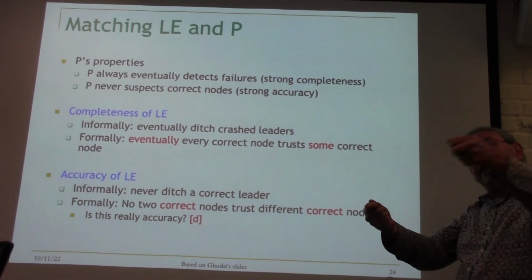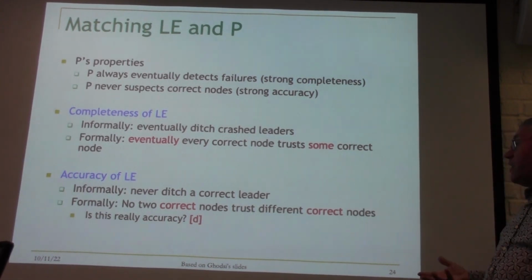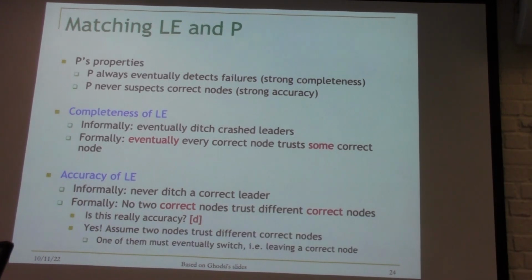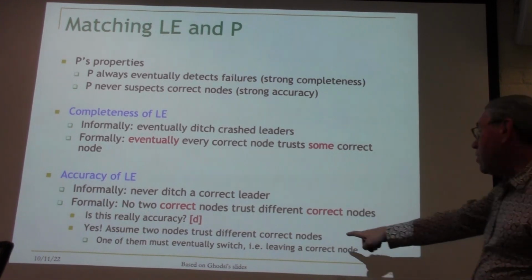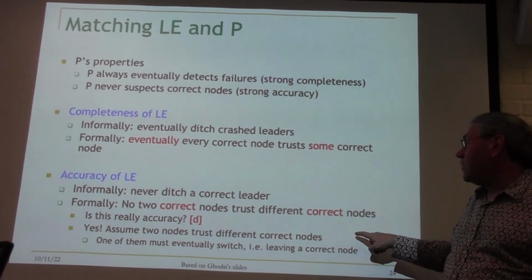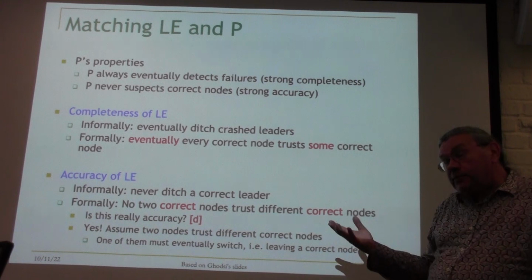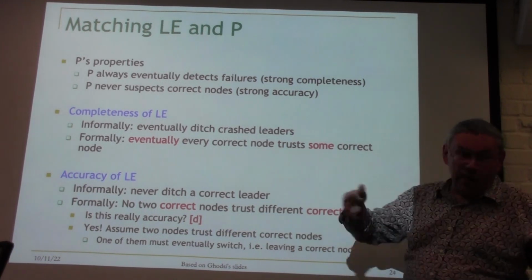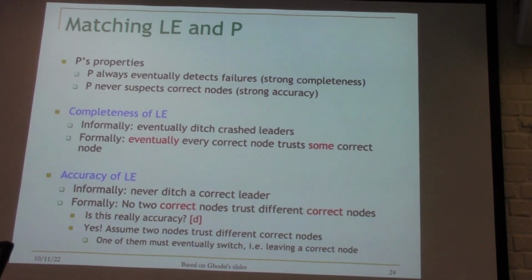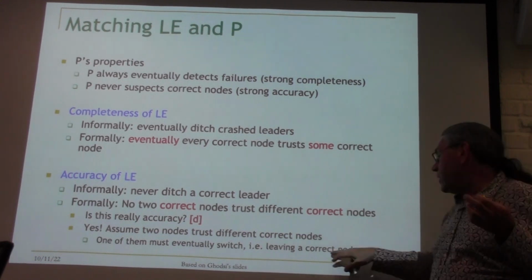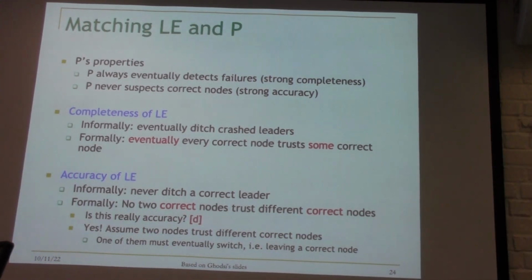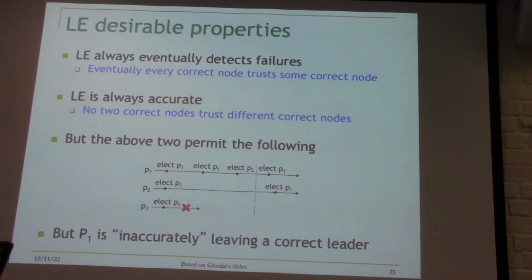And one of them would have to change, so one of them is like making a mistake. Okay? So that's like an accuracy property. If two nodes trust different correct nodes, then one of them has to be making a mistake here, because we have this perfect leader election. So one of them actually has to change the mistake.